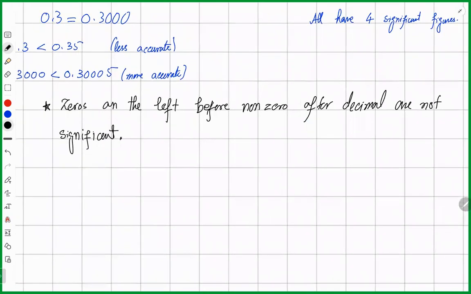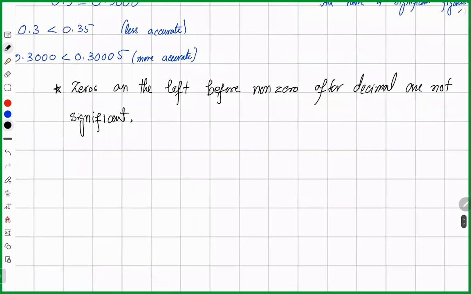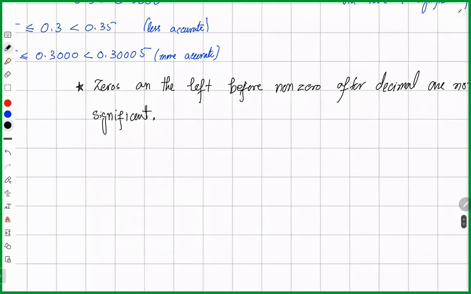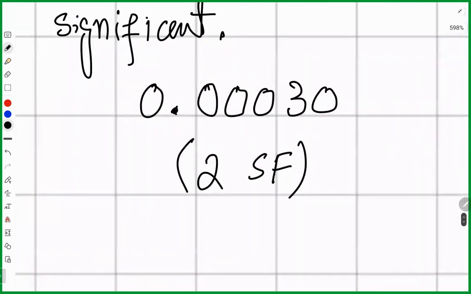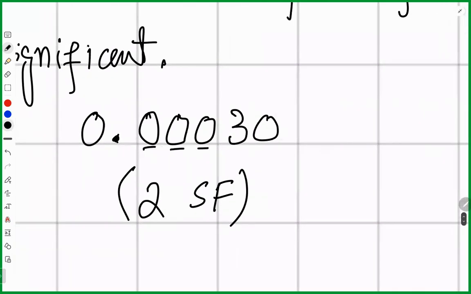But again, you have to understand that significant does not mean important. For example, somebody says 0.00030 has 2 sig fig. Then the math student says these zeros are actually making this 3 very, very small.